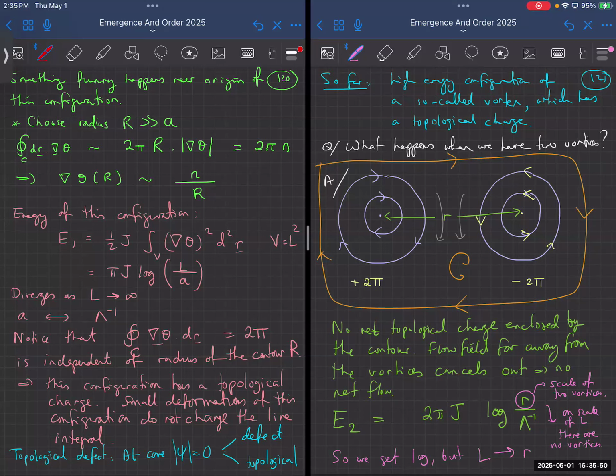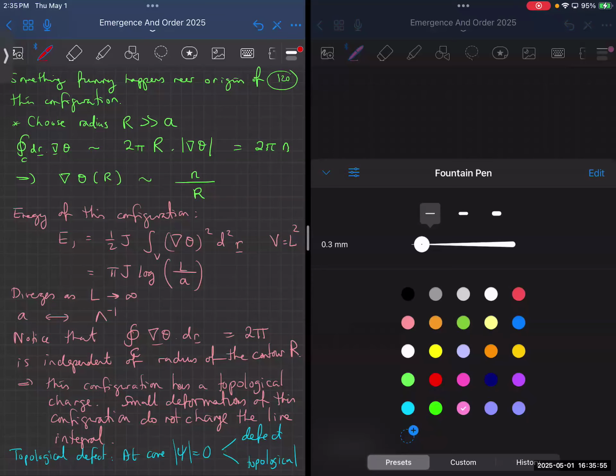And now when I take the system size limit, that does not diverge.